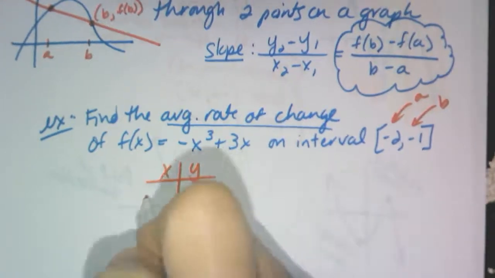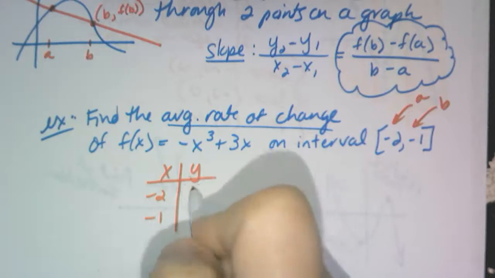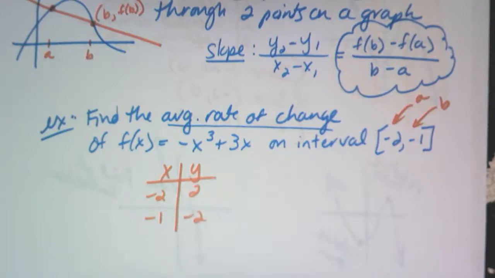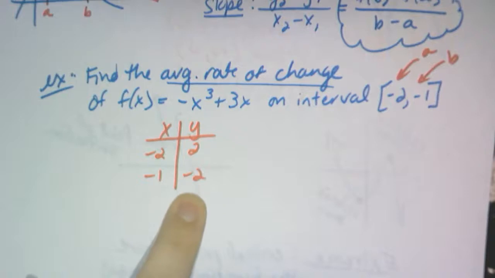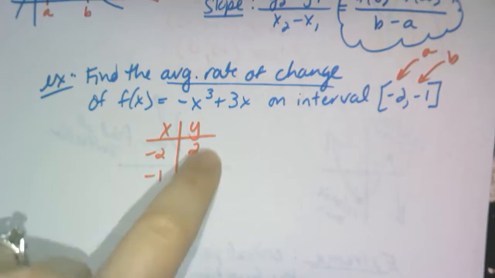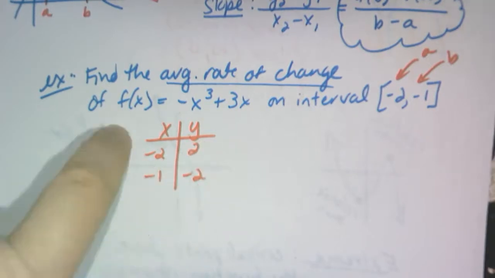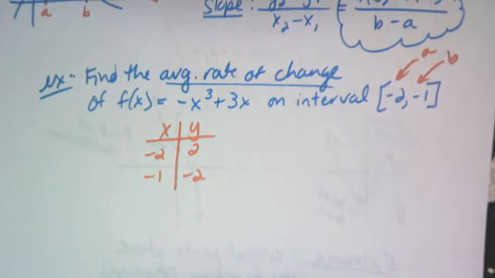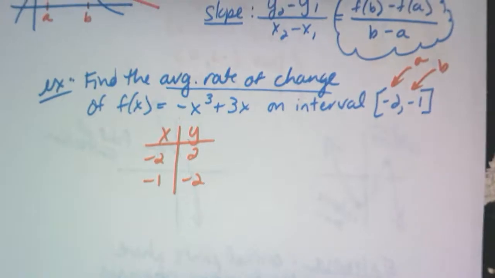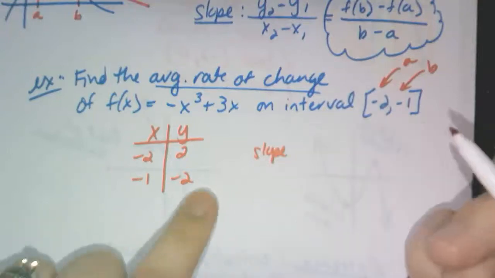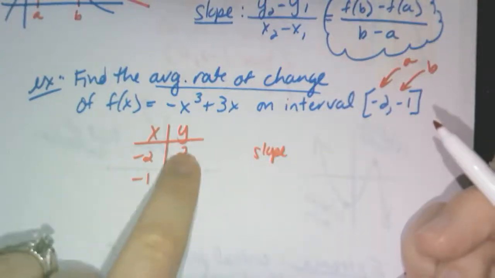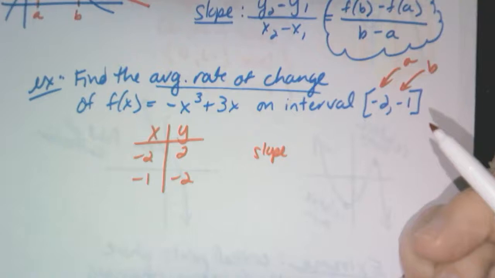Good job. So for -2, -1, I have a 2 and I have a -2. And all you have to do with this is find slope. That's it: y2 minus y1 over x2 minus x1. That's all you have to do. So let's find out what the slope is. F of b minus f of a over b minus a.